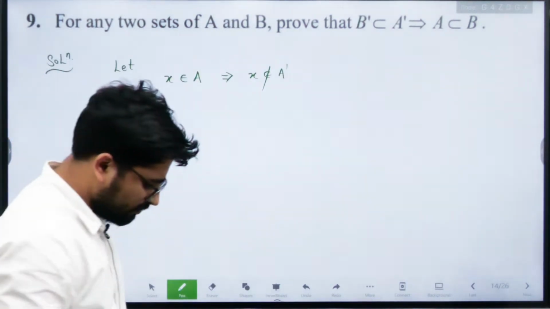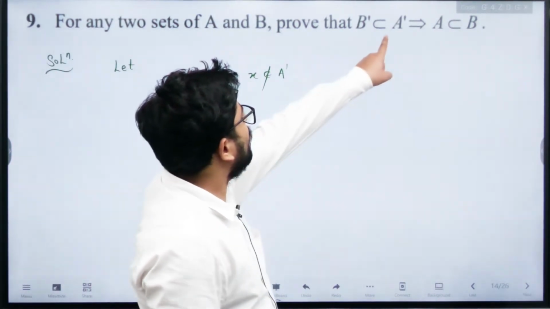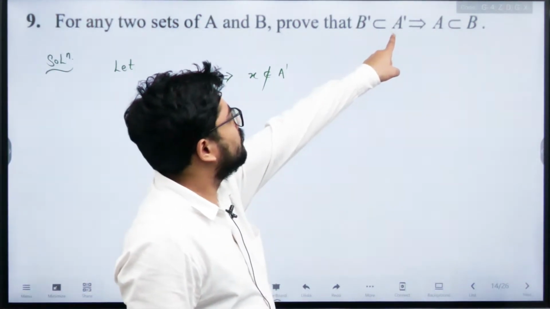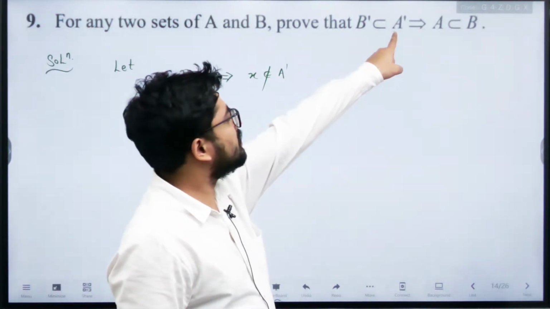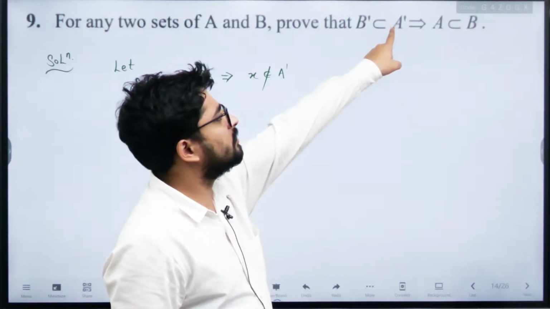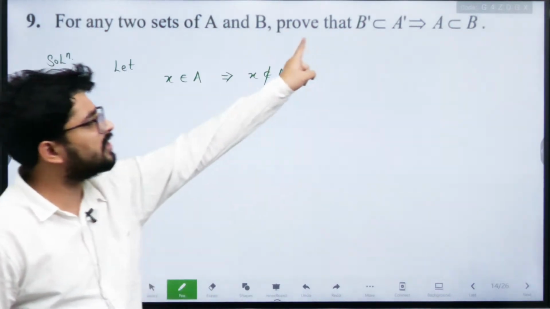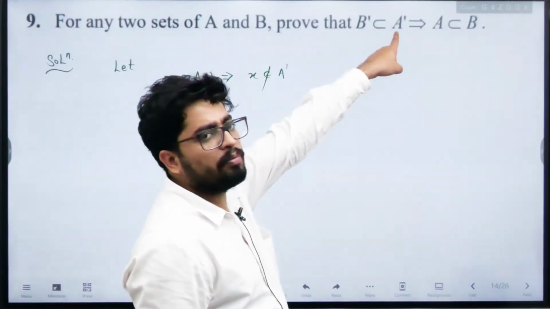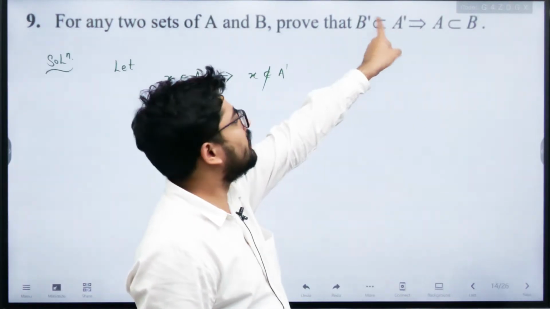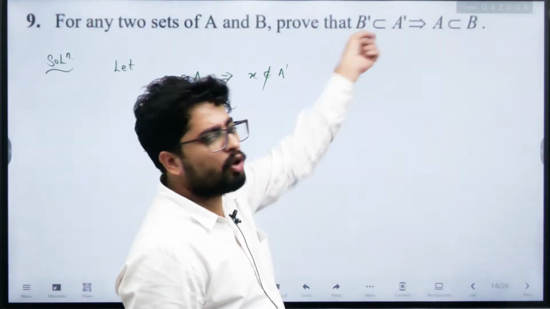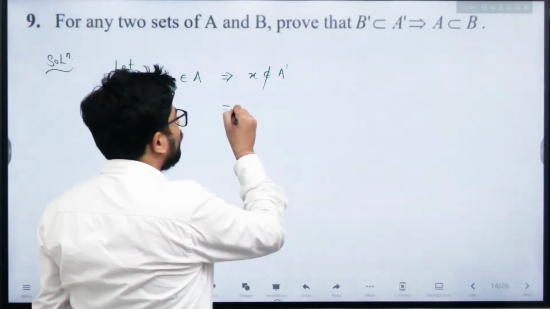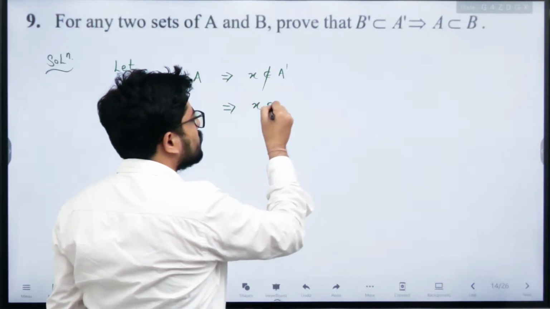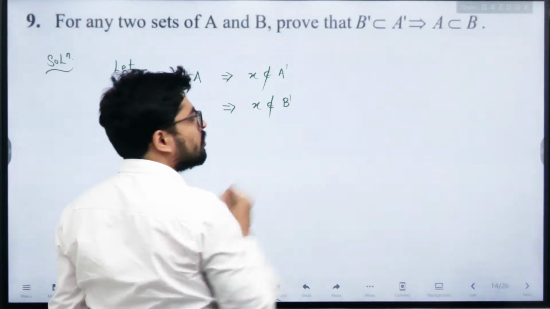That's the definition. Okay, and we know complement of A is a superset of complement of B. So if something is not in A complement, it is not part of B complement. So from here you can say X does not belong to B complement also.